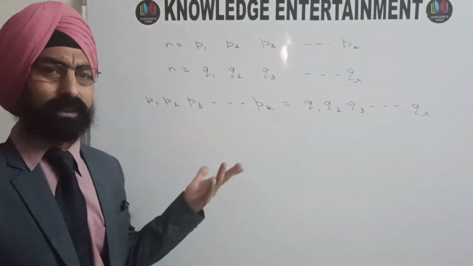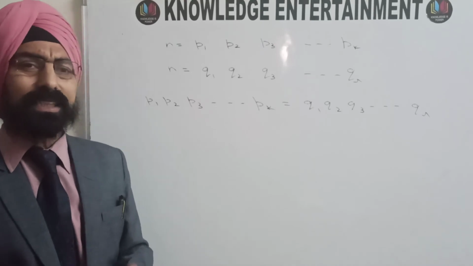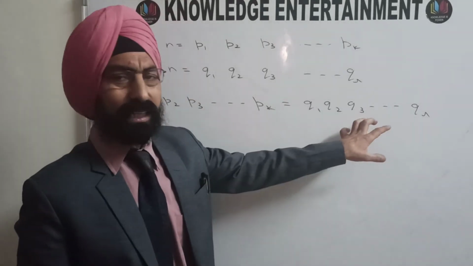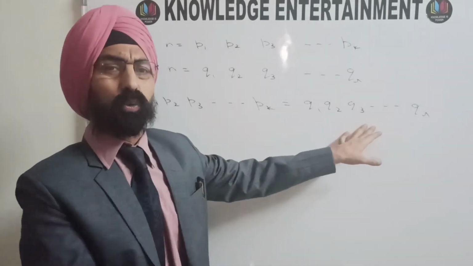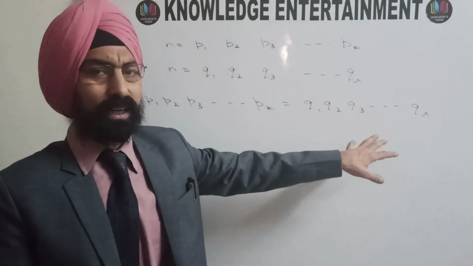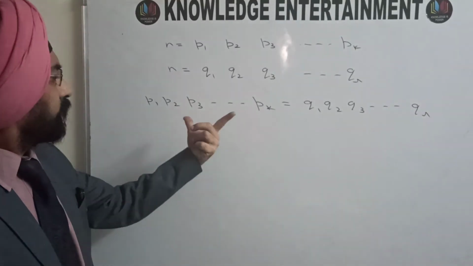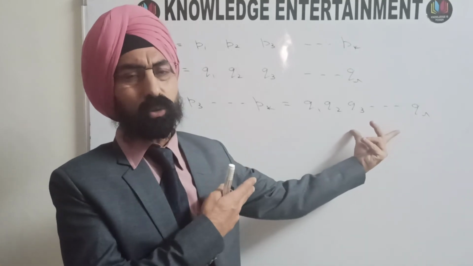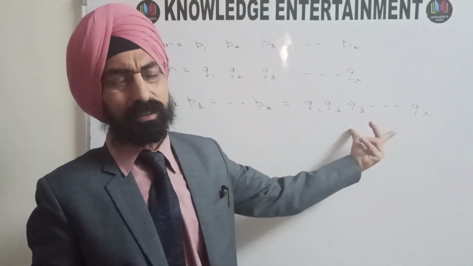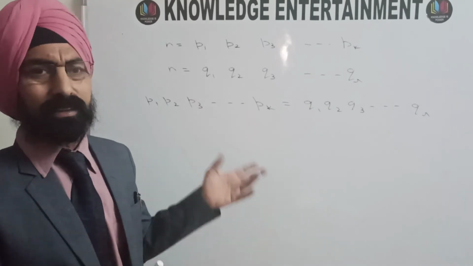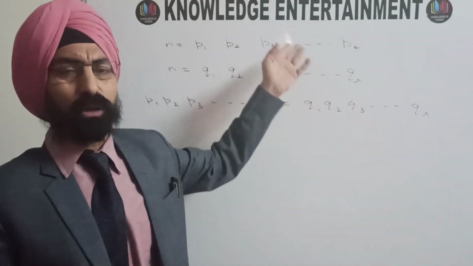If some of the pi's coincide with some of the qj's, cancel them out and write down what is left. Left means now no pi matches any qj. If some are coinciding, I have cancelled them out. If all are coinciding, then this is a unique presentation of n.